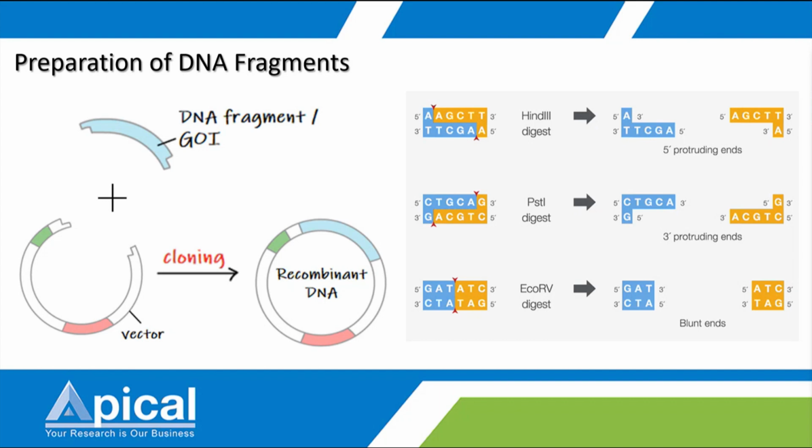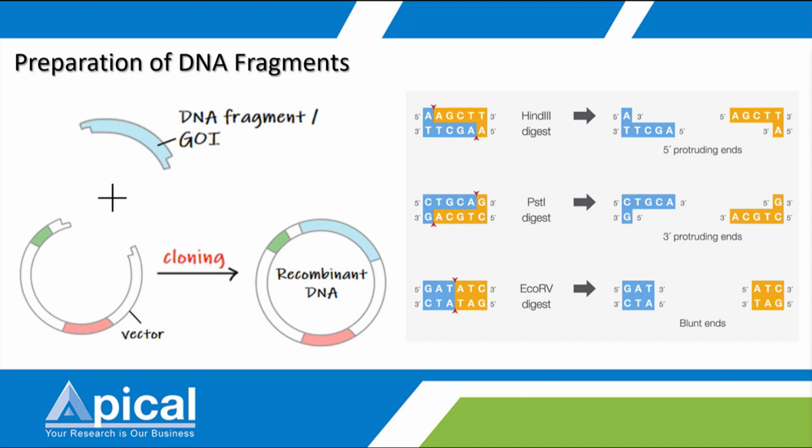specific DNA sequence, which usually is a 4 to 6 base long sequence. This sequence is called the RE site, the restriction enzyme site. A specific RE will have a specific RE site.